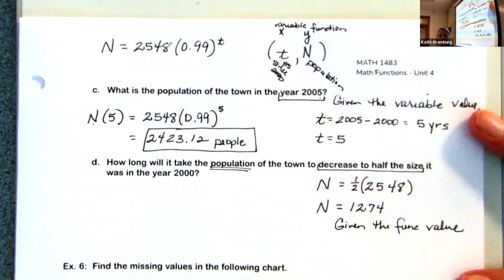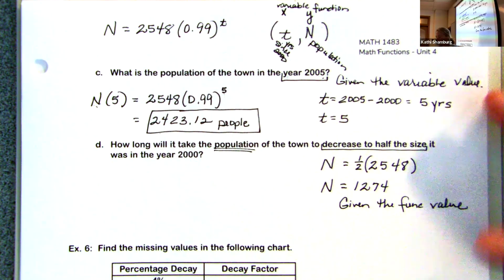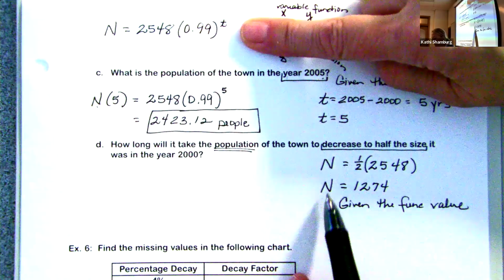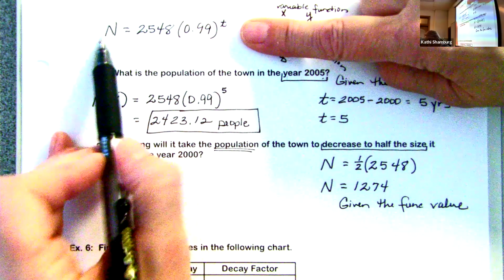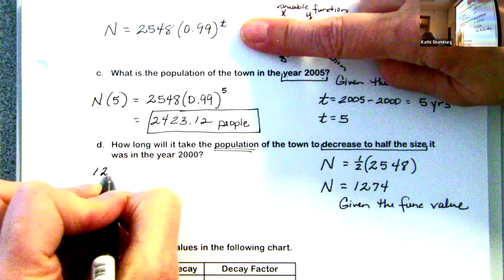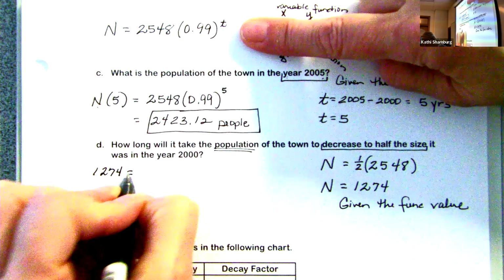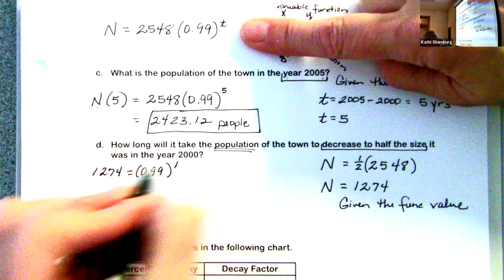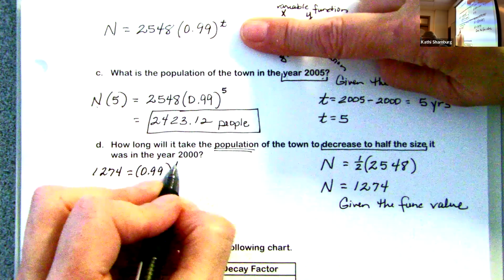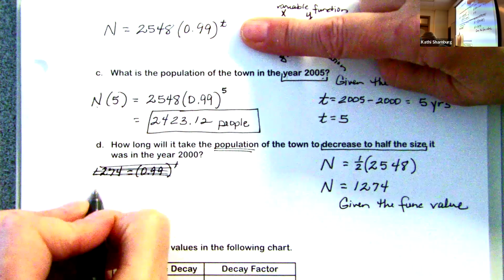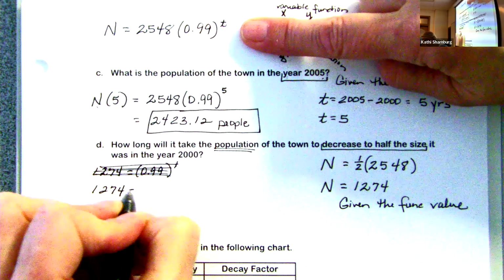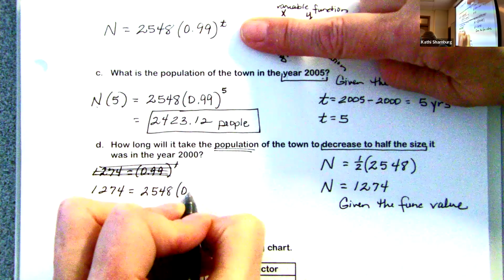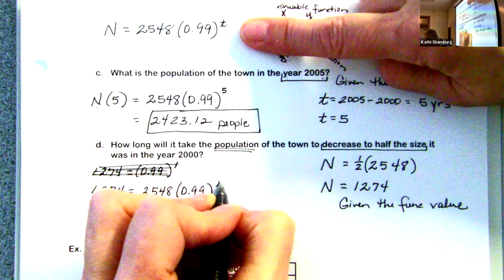When I take a look at my exponential equation, this is N. So in place of N, I'm going to put 1,274 equals 0.99 raised to the... nope, I left out half the equation, sorry. 1,274 equals 2,548 times 0.99 raised to the t.